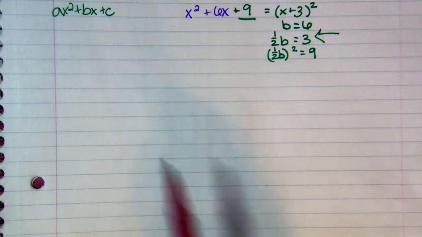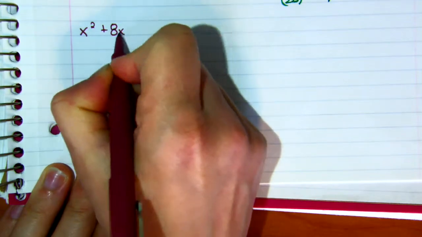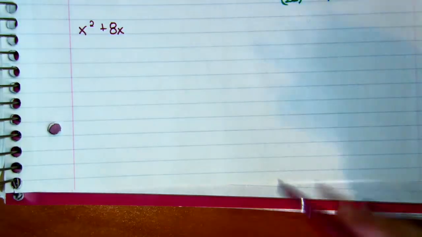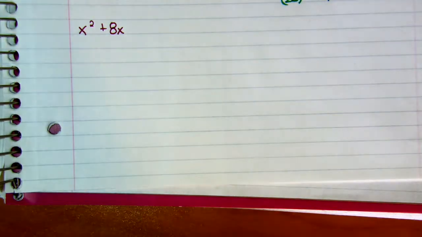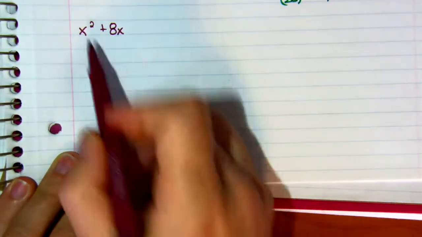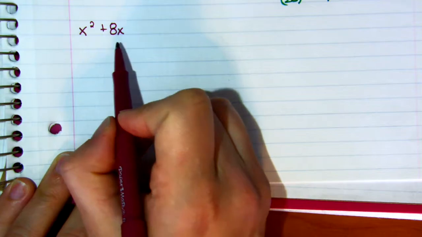So another example. Let's do x squared plus 8x. Now, what we're doing right here is we're just learning the method. We're not actually solving an equation right now. After we do a couple more of these with learning the method, then we'll take that method and go further and solve the equation. So here we have x squared plus 8x.